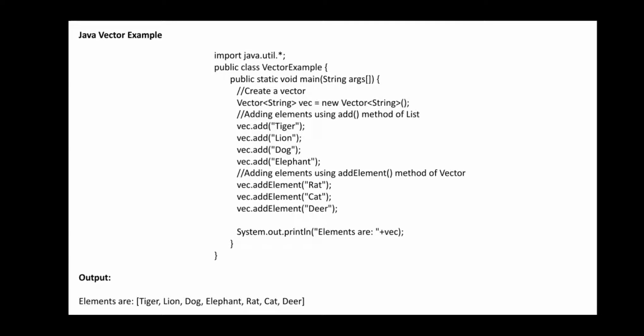Java vector classes can be increased and grown, or collapsed and shrunk. Means you have the possibility of increasing the size of the vector and also decreasing it. Both can be done here.